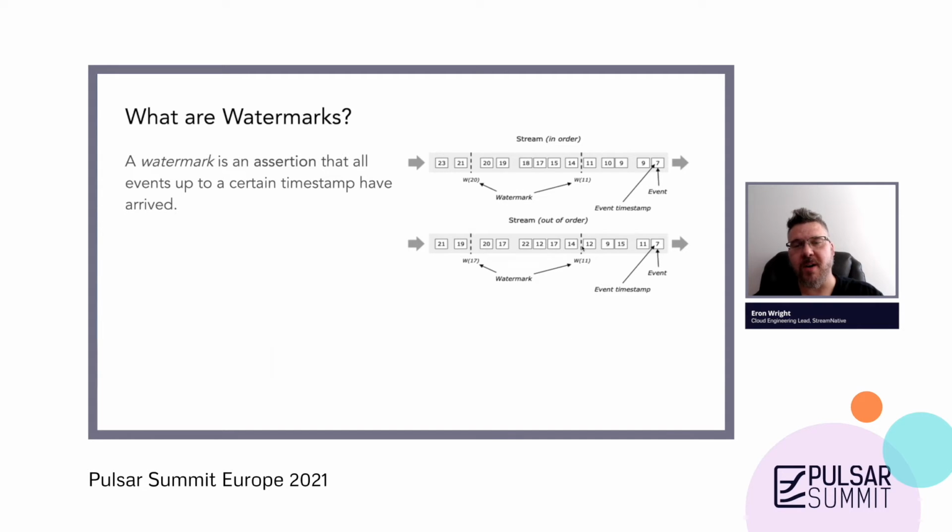A watermark serves as an assertion that all the events up to a certain timestamp have arrived. For example, when we look at this stream here, we see timestamps generally increasing and a watermark saying, well, at this point, you've seen everything up to time 11.